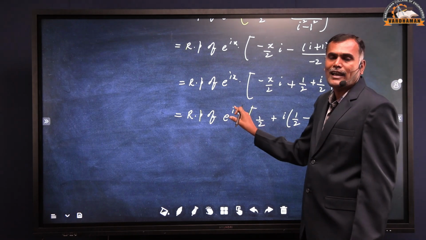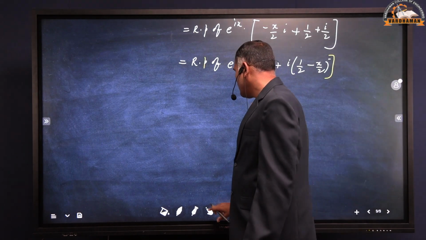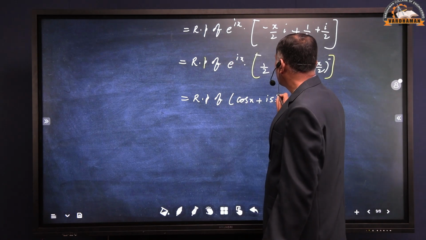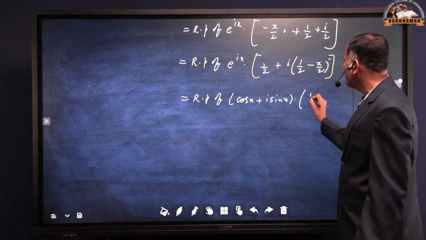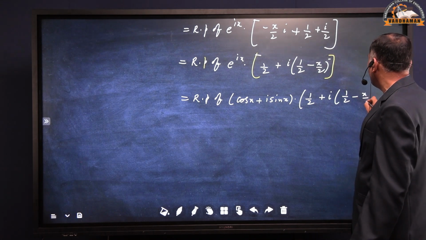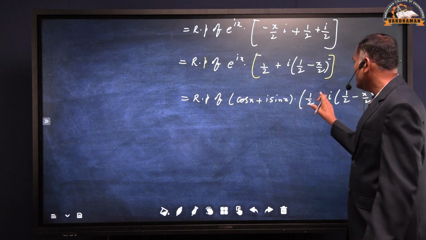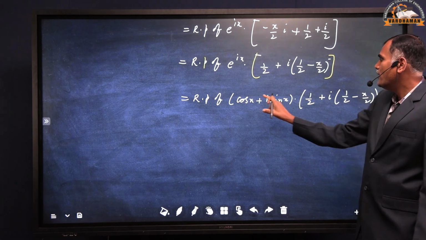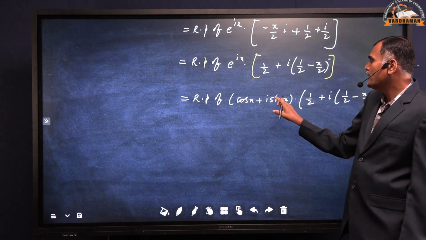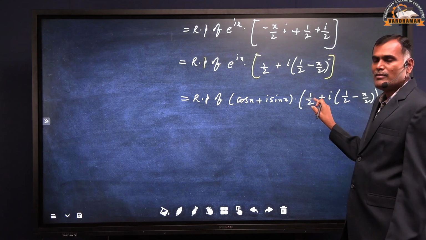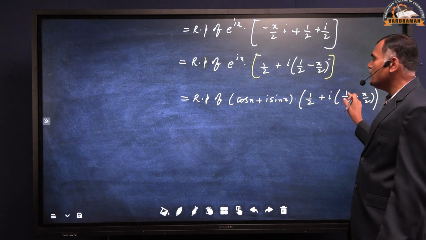Again e^(ix) is cos x plus i sin x using De Moivre's formula, times i times (1 by 2 minus x by 2). Real and real gives real, real and imaginary gives imaginary, imaginary and real gives imaginary, imaginary and imaginary gives real.